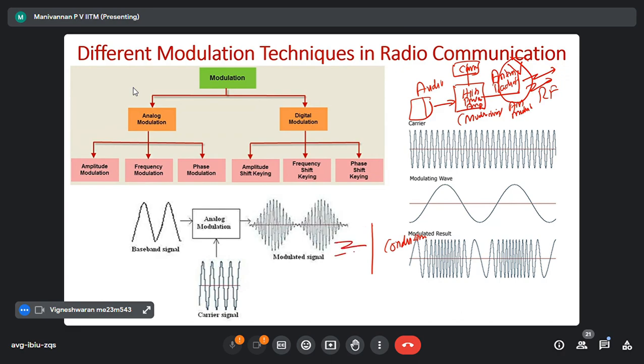Now, if a radio wave comes and hits this, this is my radio wave, and this is my antenna. Antenna is nothing but my wire, just a wire.